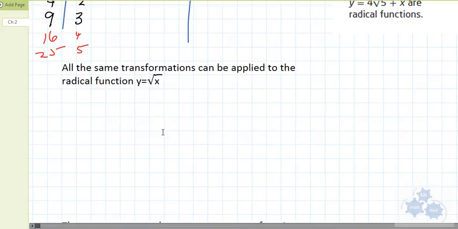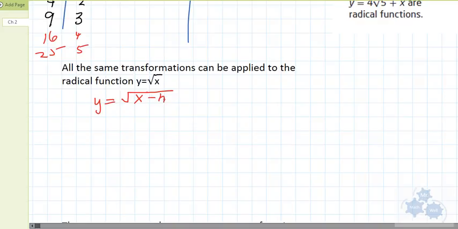But all of the same transformations can be applied to this radical function. So you guys have probably already stepped ahead of me anyways. But we could translate this whole graph left or right, or up or down, right? And so that has to do with this parameter.